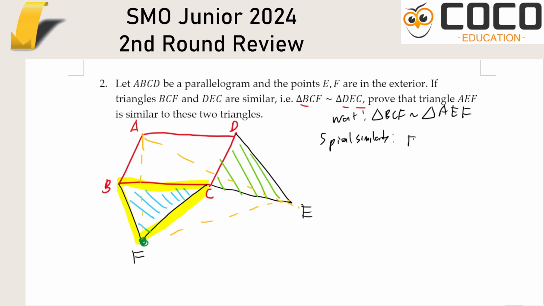It's sort of like you have got F as the center, and then BC comes to AE. The nice thing about spiral similarity is that if you wanted to show FBC and FAE are similar, it would be equivalent to showing the columns FBA and FCE.